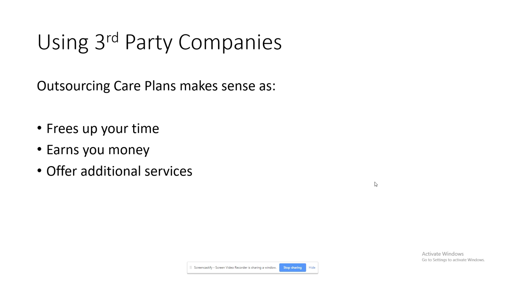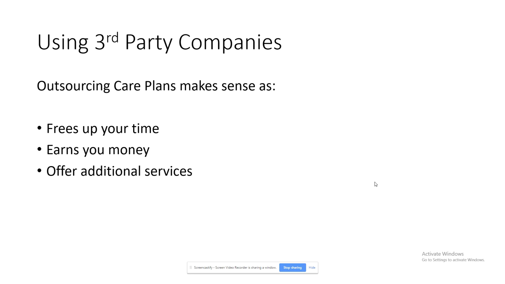And also, because we provide additional services within our care plans, you're able to offer those to your clients. So, for example, we use WP Rocket for caching. If you take our Advanced or our Advanced Plus service, the client site will benefit from WP Rocket caching. You'll also get Imagify for compressing and optimizing images for a site.